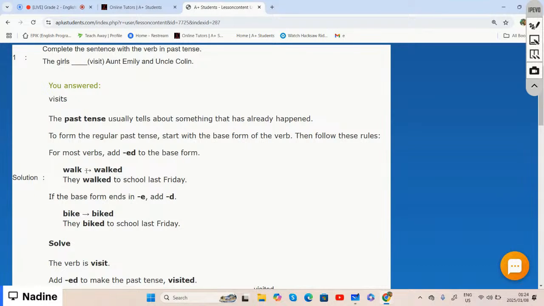And we basically need to add a D or an ED to the base form of our regular verb to show that the word or the sentence is in the past.